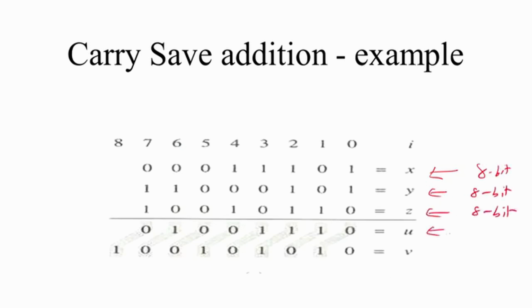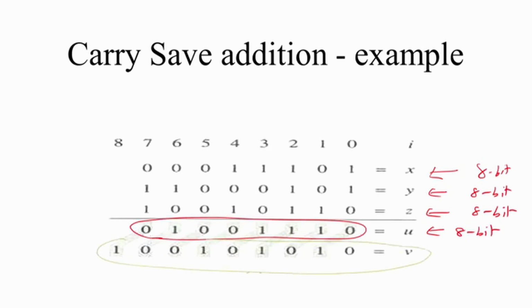Now I have generated another 8-bit number which is u. This is very important for you to note, this u is 8 bits and the v is actually 9 bits. Please note that this 0 is just appended. I shift the carry by 1 bit to the left, as we had seen in the carry save addition.